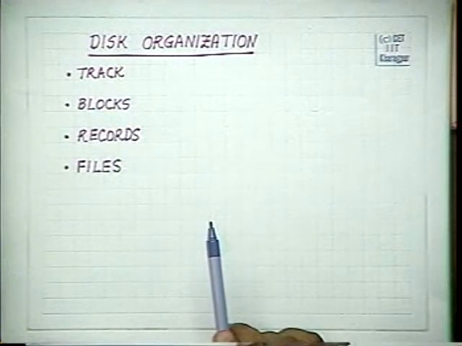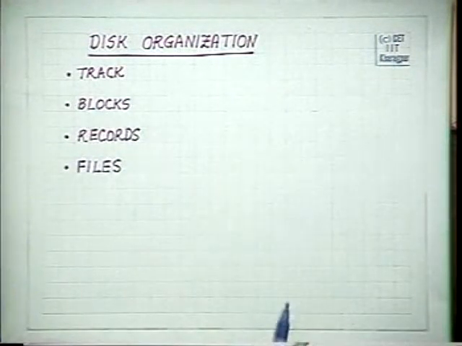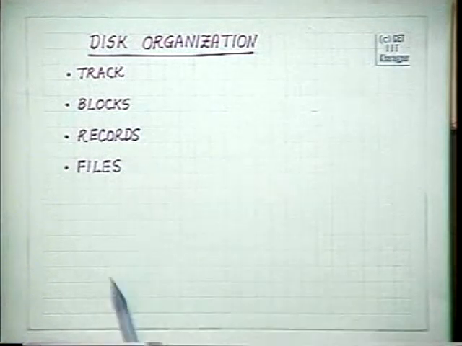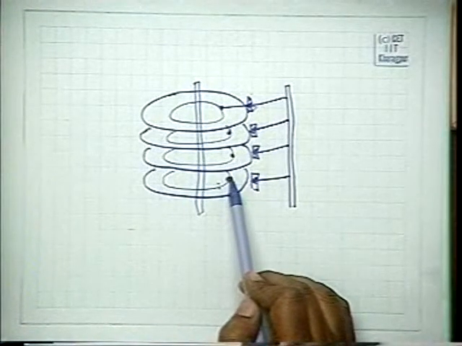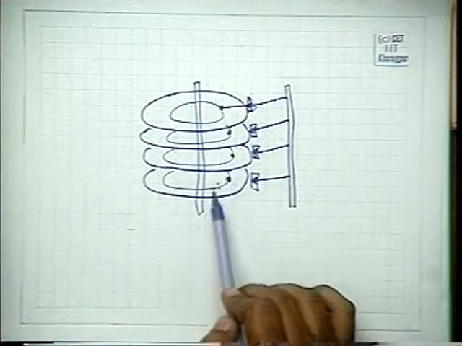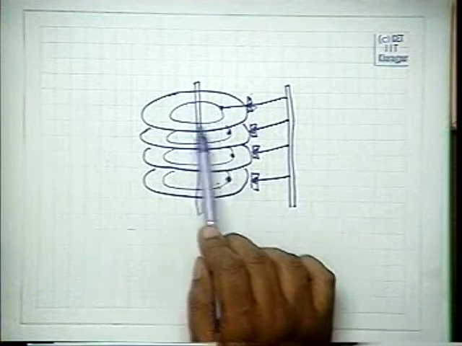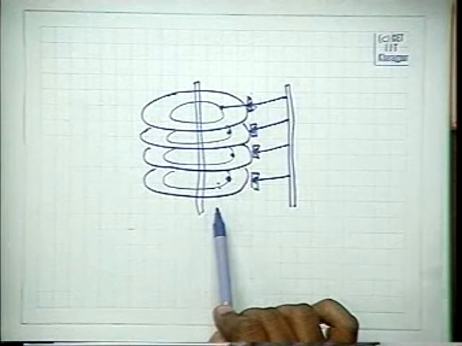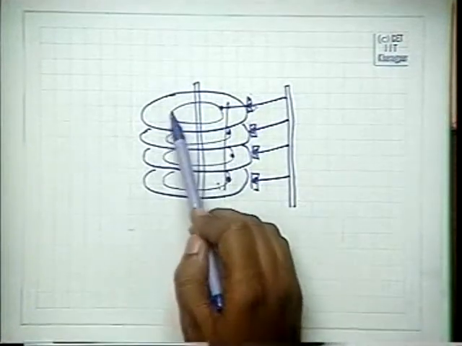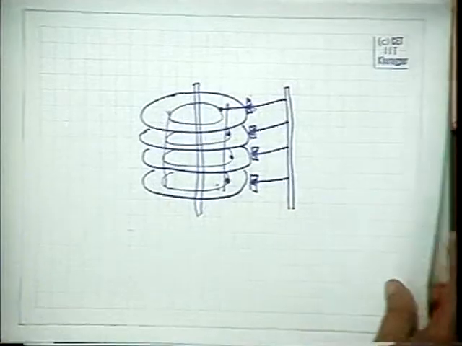A track may be a physical track, one track, or it may be a logical track which consists of a set of tracks, which is actually called a cylinder, in the sense that when the head positions itself on one particular track position on a spindle which has more than one disk platter, then more than one actual track is available and you can simultaneously read so much information. So this is often called a cylinder, because we have a concentric amount of information.